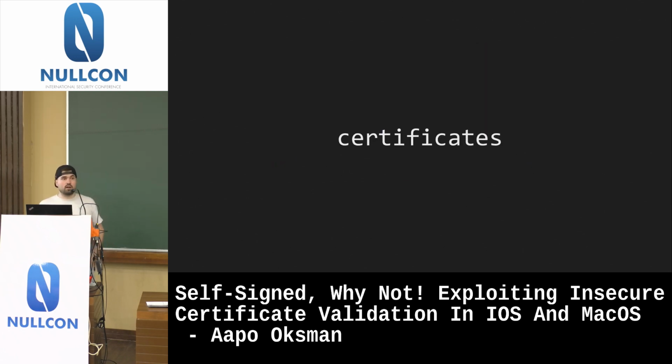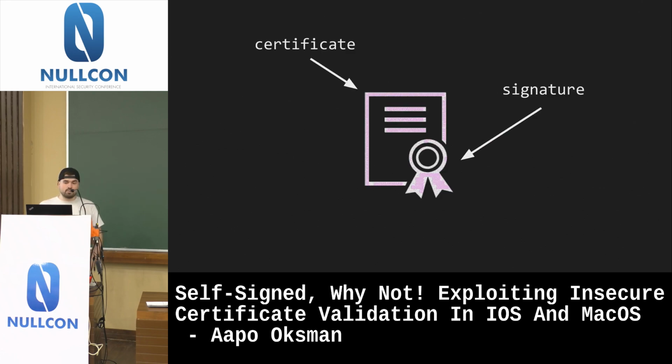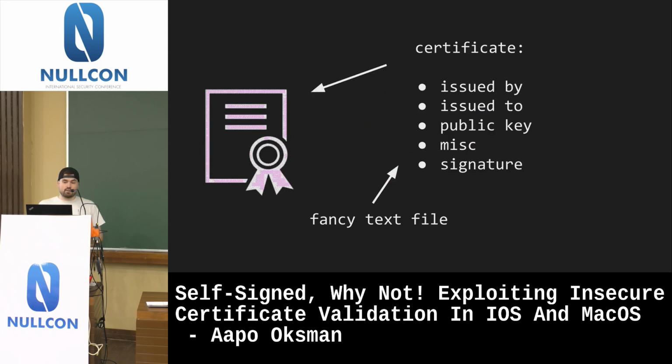And for that, there are these certificates. A certificate is a text file that contains a signature. Inside the certificate, you have different fields, like the certificate is issued by someone and to someone.